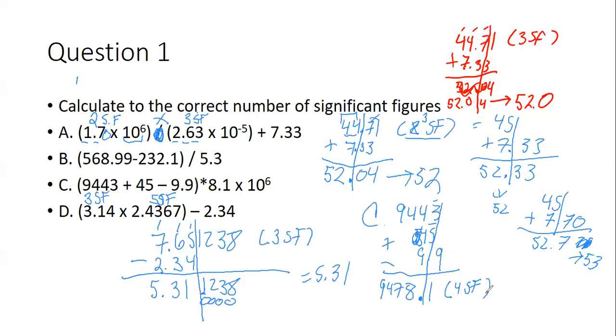This number is only 9478.1. Now my next calculation is taking this number and multiplying it by 8.1. 8.1 only has 2 sig figs. 2 sig figs are less than 4. So now I'm doing my multiplication and division rule where I'm taking 4 sig figs multiplied by 2 sig figs.